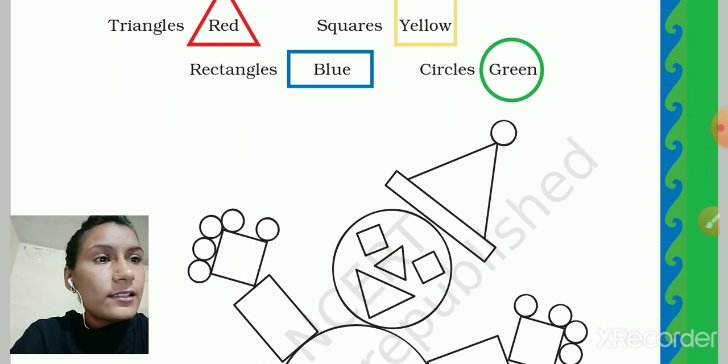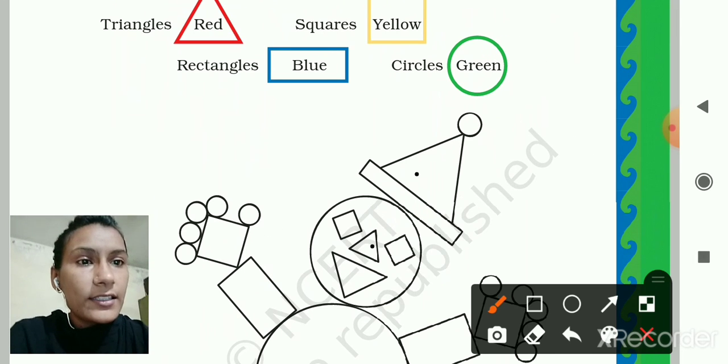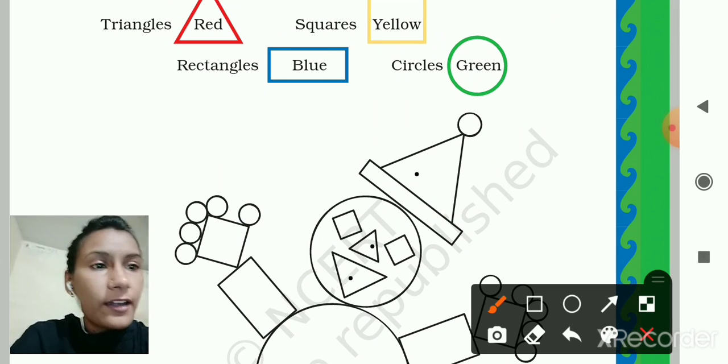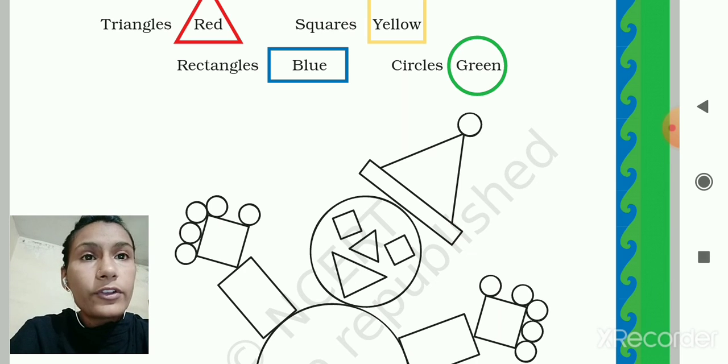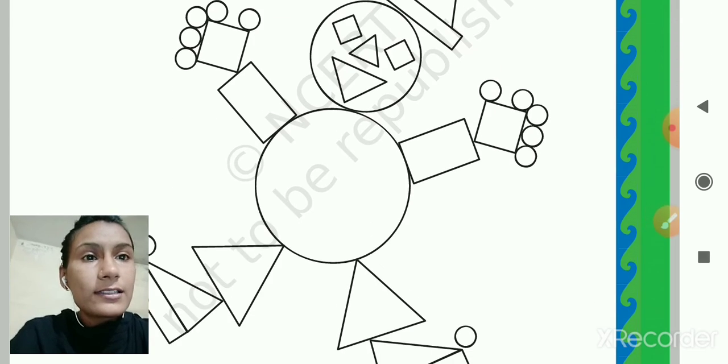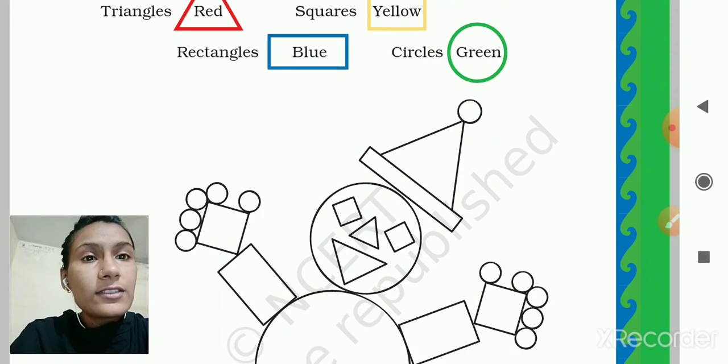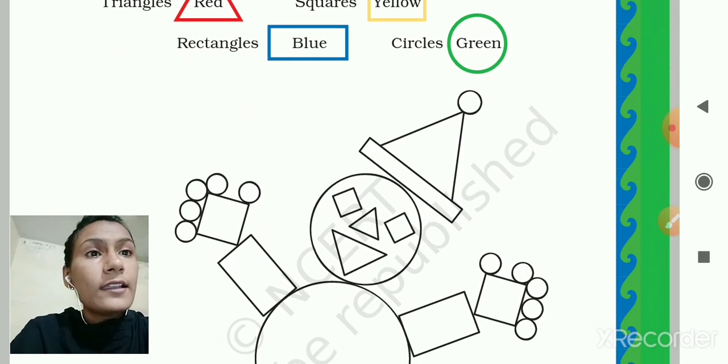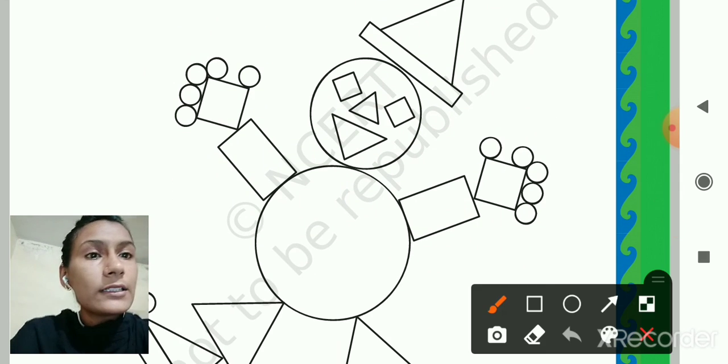For the triangle, you can see here triangle, then here triangle, here triangle. In the triangle, you have to use red color. Squares, you have to use yellow colors. Then rectangles, you have to use blue color. And circles, you have to use green color.